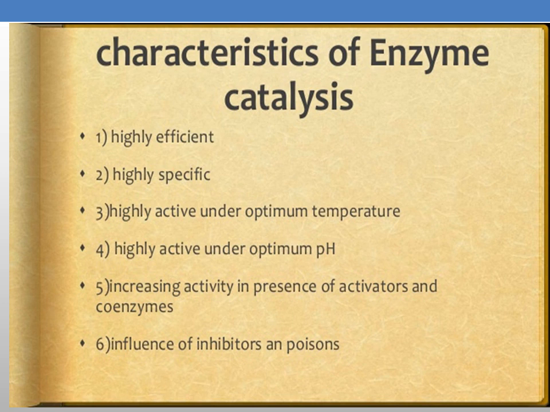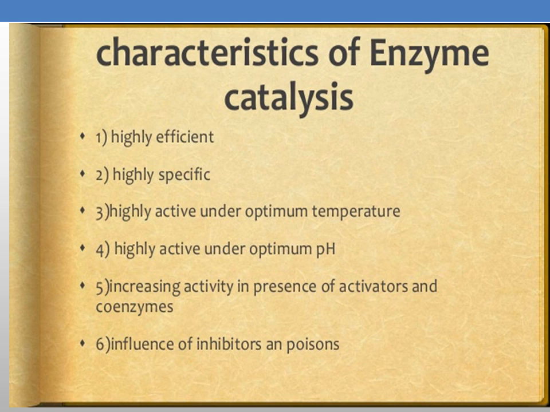The fourth point, highly active under optimum pH. The activity of enzyme also responds to the pH. At a particular pH, the activity of enzyme is maximum. So that pH is termed as optimum pH. We are going to discuss this characteristic in detail.